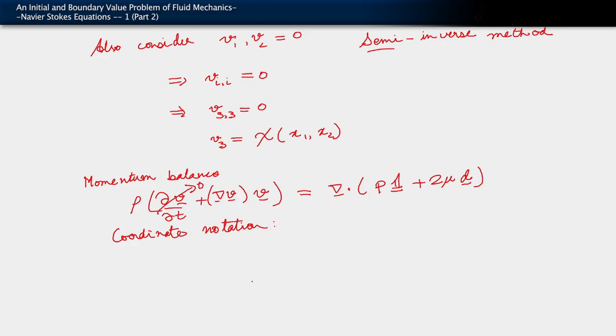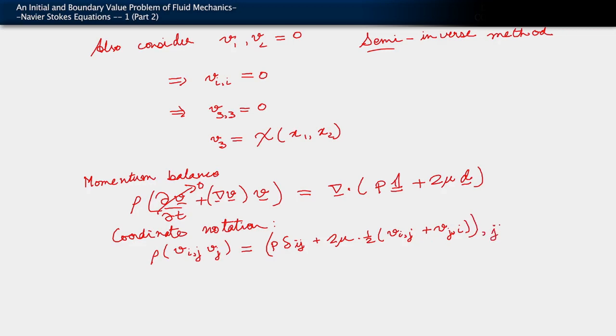All right. Using coordinate notation, this becomes rho vi comma j vj equals p delta ij plus 2 mu times 1/2 vi comma j plus vj comma i, all of this comma j.